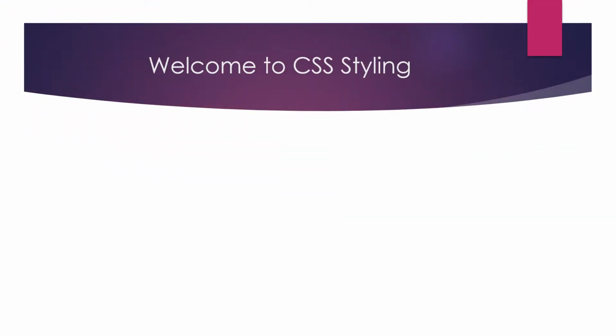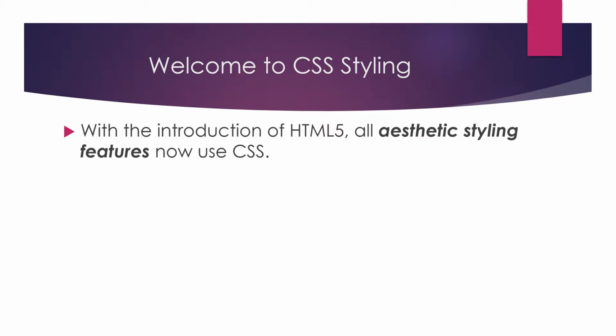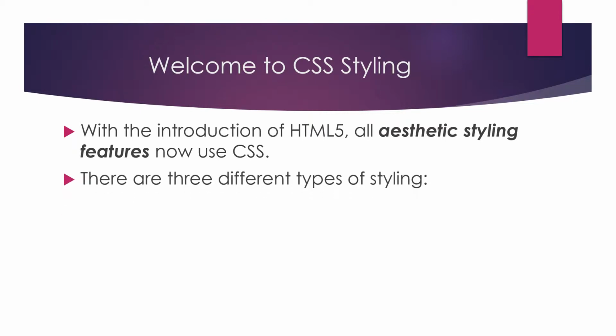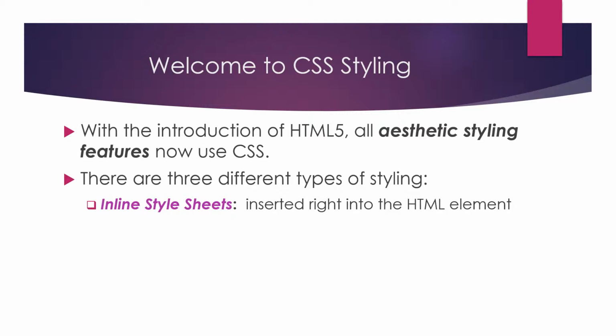Welcome to CSS Styling. With the introduction of HTML5, all aesthetic styling features now use CSS, so we no longer use HTML to actually style our web pages. There are three different types of CSS styling. Inline style sheets are inserted right inside the HTML tag.